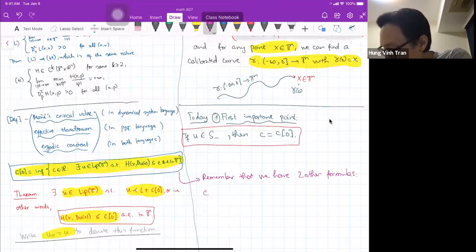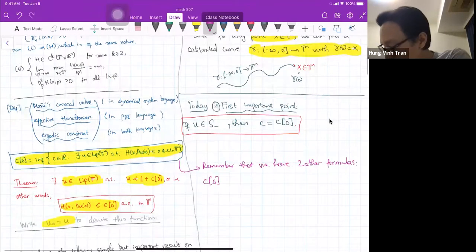The first formula was that you write it for the Lipschitz functions, then it's the infimum of all Lipschitz functions and essential supremum of H of x, d phi x.